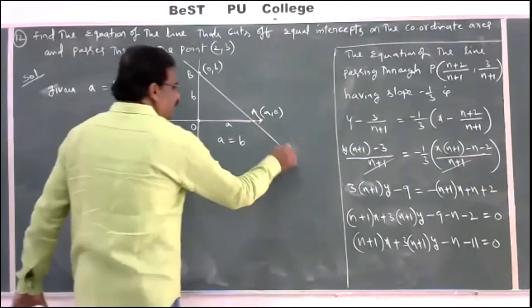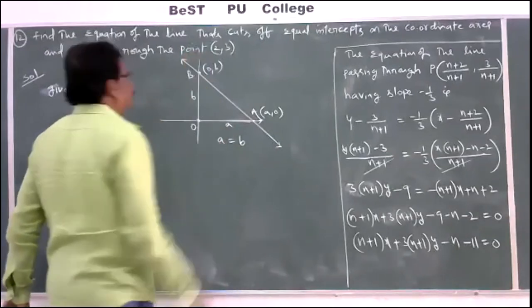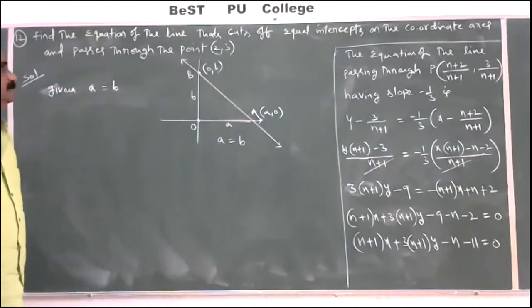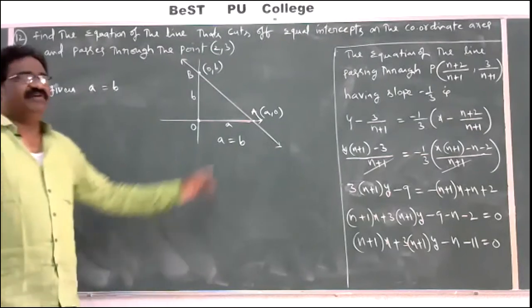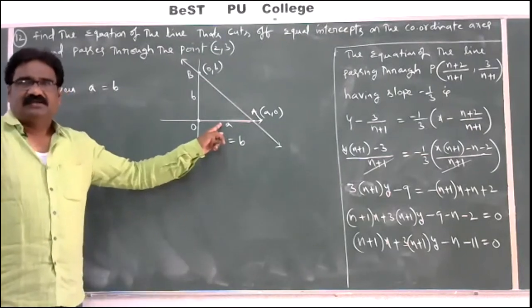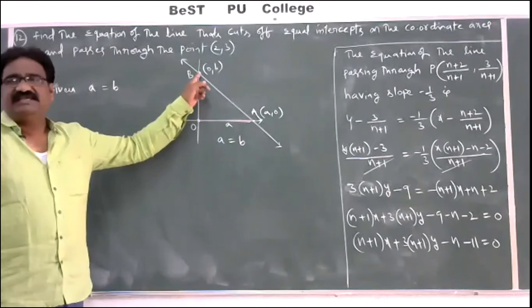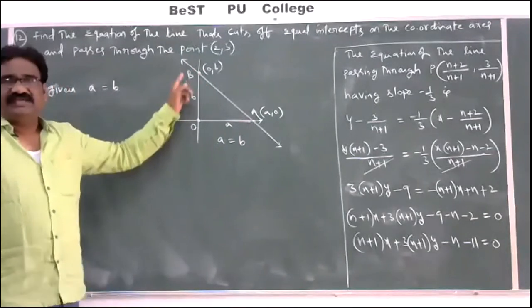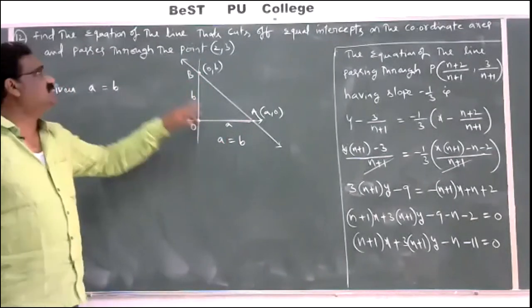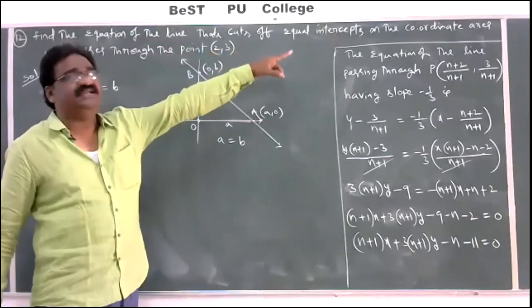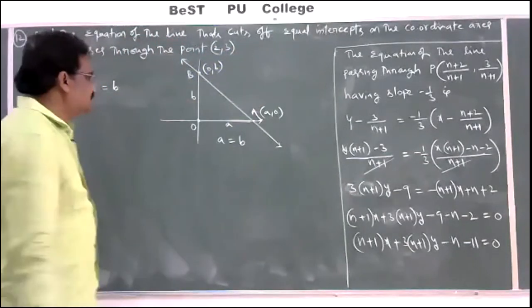This is the required equation of the line. This is x-intercept, OA is the x-intercept and OB is the y-intercept. So equal intercepts, they given equal intercepts. Find the equation of the line that cuts off equal intercepts on the coordinate axis.